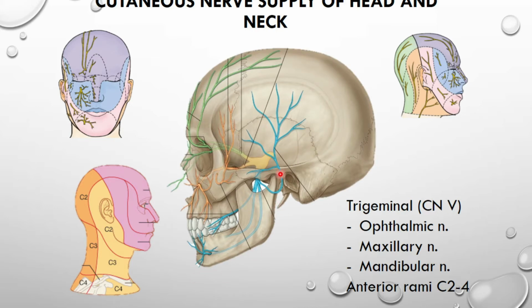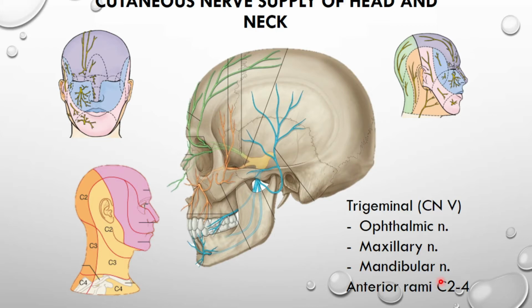These 3 nerves also enter into your cranial cavity and are going to supply the dura within your cranial cavity, but we'll talk about that in more depth down the line. And then the motor part of the mandibular nerve will supply the muscles of mastication.